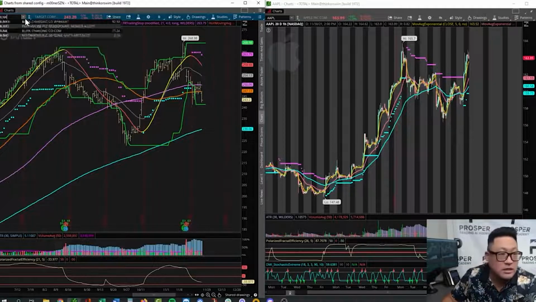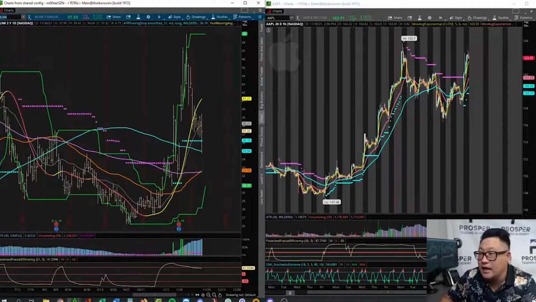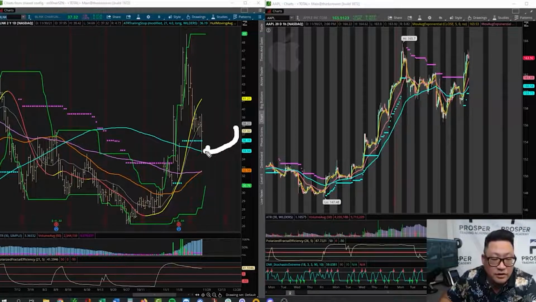Now let's look at BLNK today. BLNK got near their 200 simple moving average, all the way down to $34.94. The stock is now trading at $37.32. That's nearly an 8% jump off of that price level, guys and gals. That's pretty significant. It came crashing all the way down to that 200-day and bounced pretty significantly.